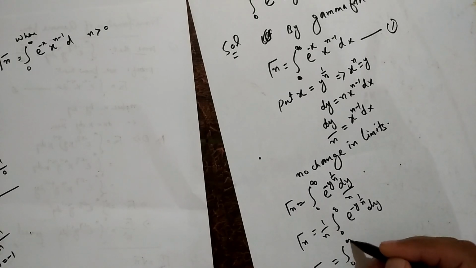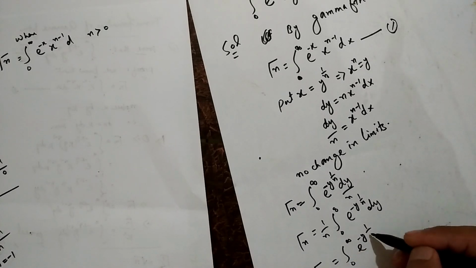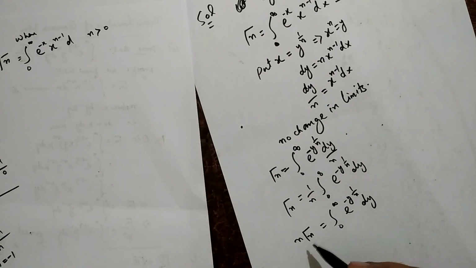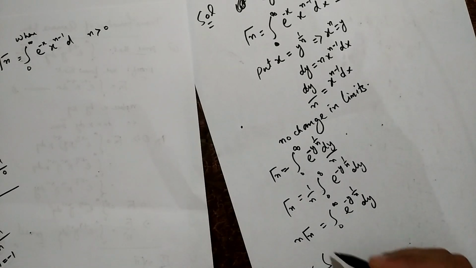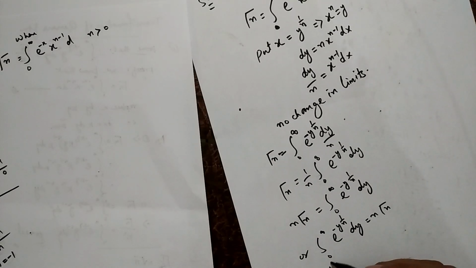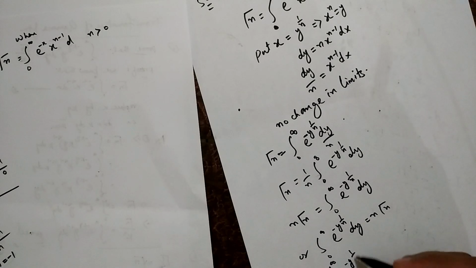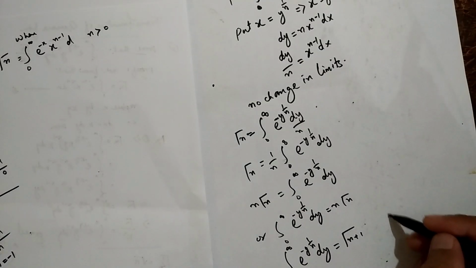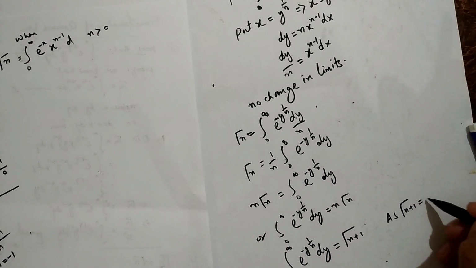This will be n times gamma n equal to the integral from 0 to infinity of e to the power minus y to the power 1 over n dy, or the integral from 0 to infinity of e to the power minus y to the power 1 over n dy is equal to n times gamma n, or we can also write it as gamma n plus 1, as in the previous lecture, as gamma n plus 1 is equal to n times gamma n.